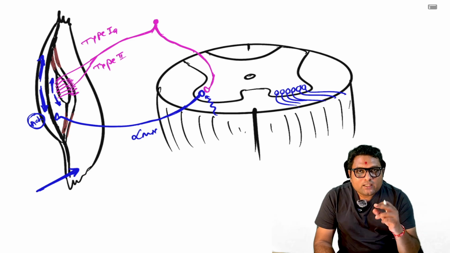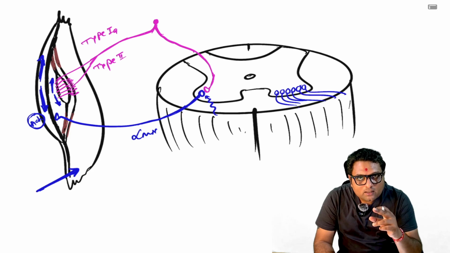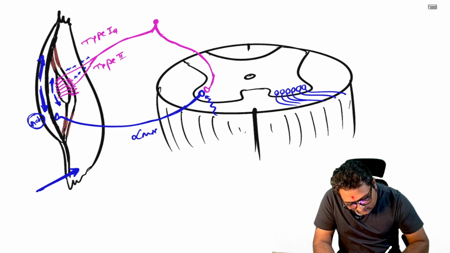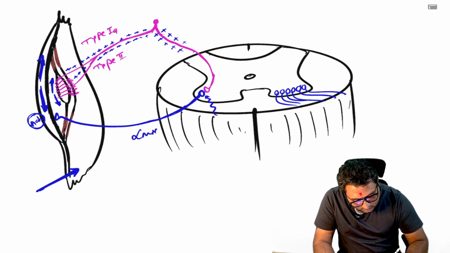When there is stretching of the bag fibers and chain fibers of the muscle spindle, that increases the frequency of action potentials through these sensory afferent type 1A and type 2 fibers, and this action potential reaches the spinal cord.